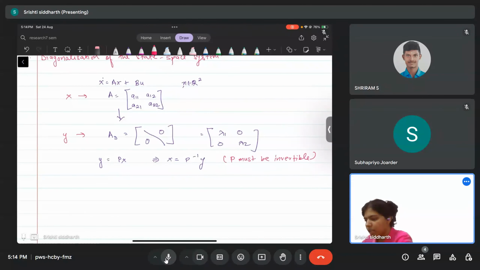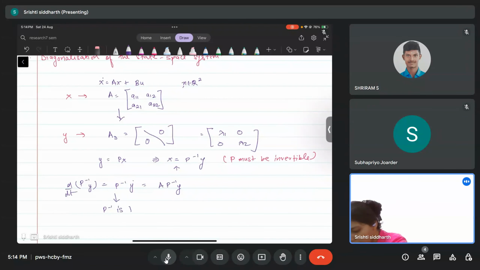We already have the state space equation for x, so let's substitute x there. So we have d by dt of P inverse y, which is P inverse y dot, equals A P inverse y. Here we are assuming that P inverse is time independent.